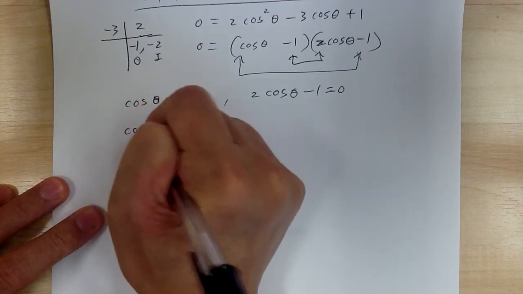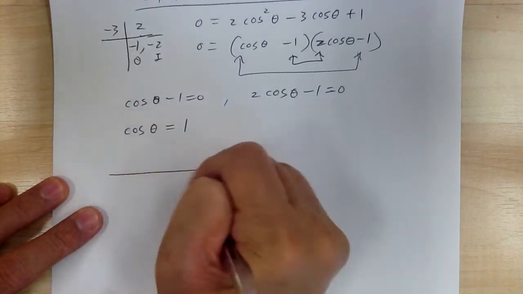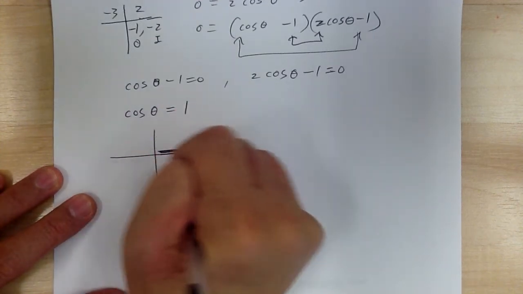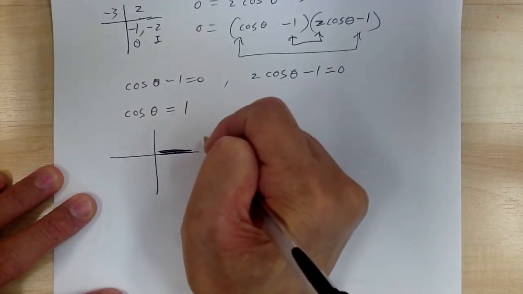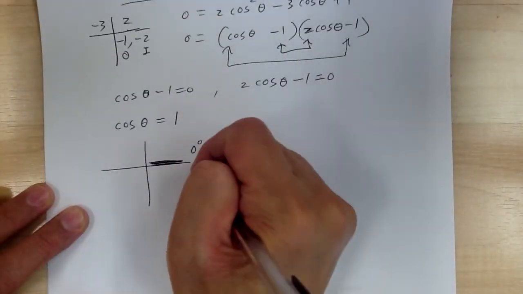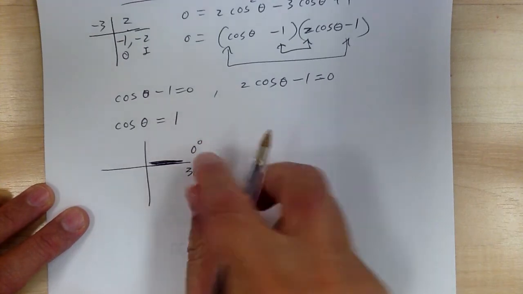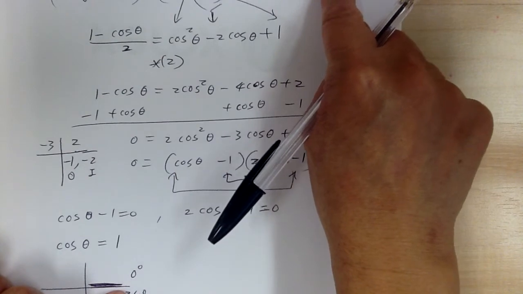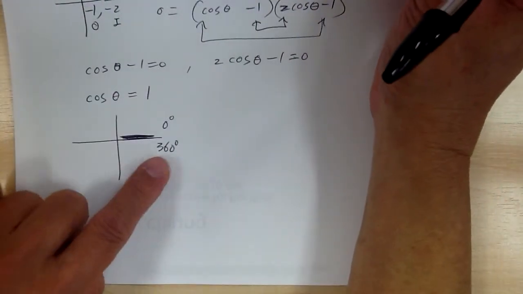So you got cosine theta equal to 1. So when you draw your triangle, cosine is horizontal. So when it's equal to 1, it's right over here. So this would be 0 degrees. And notice this had to go around the circle twice, right? So 0, and you're going to get 360. And you go around one more time, it's 720. But this one, it says do not include 720. So you only go 0 and 360.